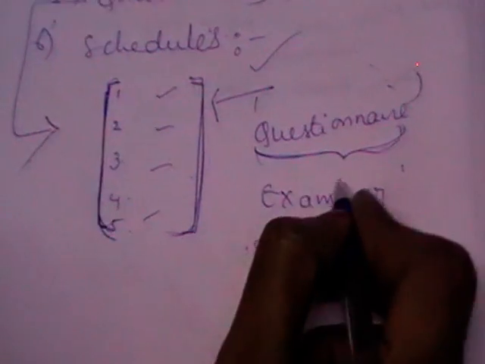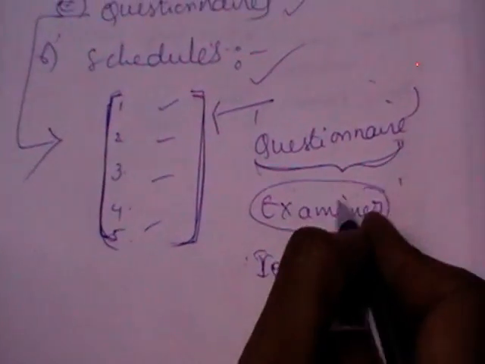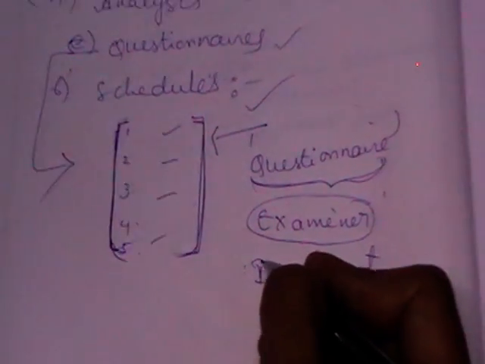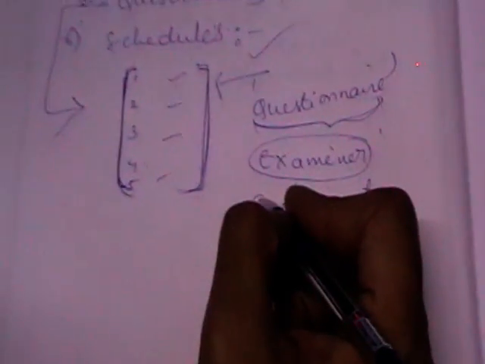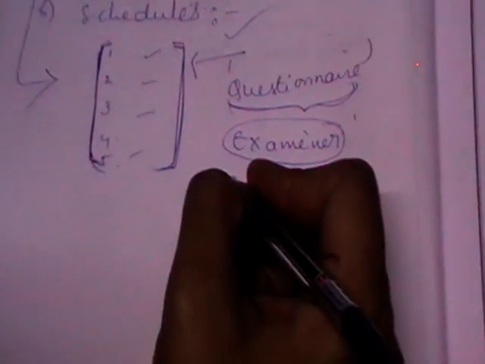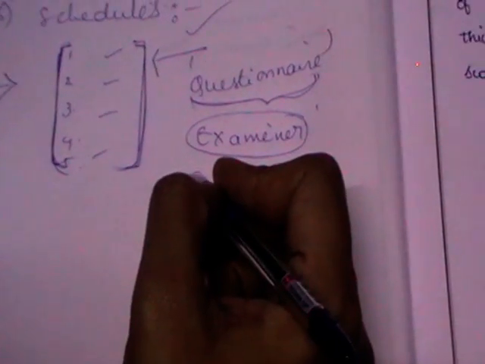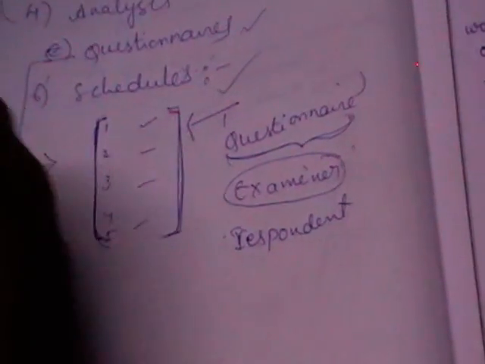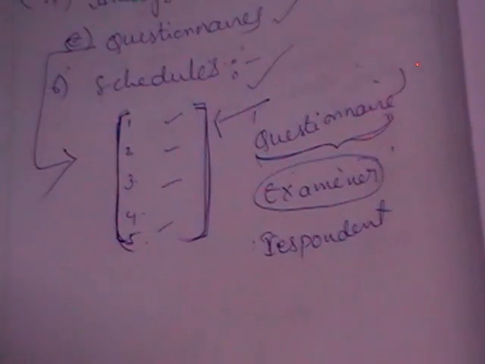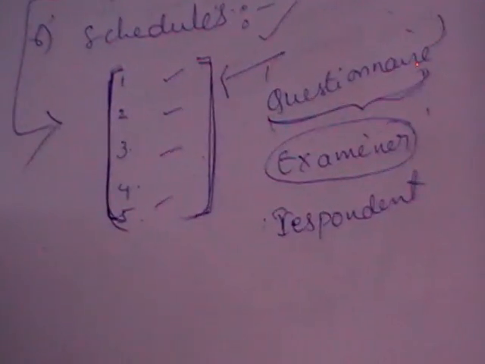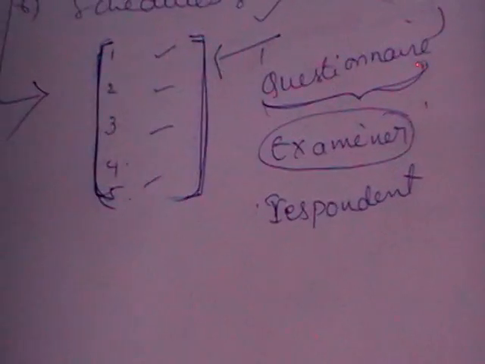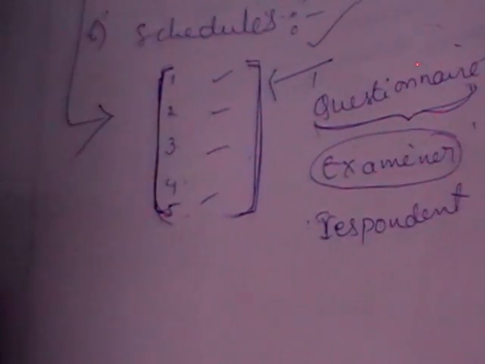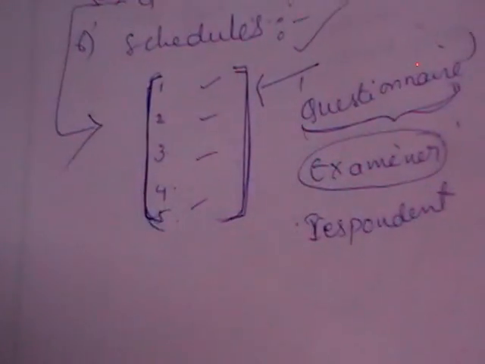Suppose I am conducting the survey, I carry the questionnaires to the respondents. I ask each and every question from the questionnaire and fill in the response. The questions are posed by the examiner, the reply is given by the respondent, and the examiner fills in all the answers in correspondence with the respondent. This is called a questionnaire.